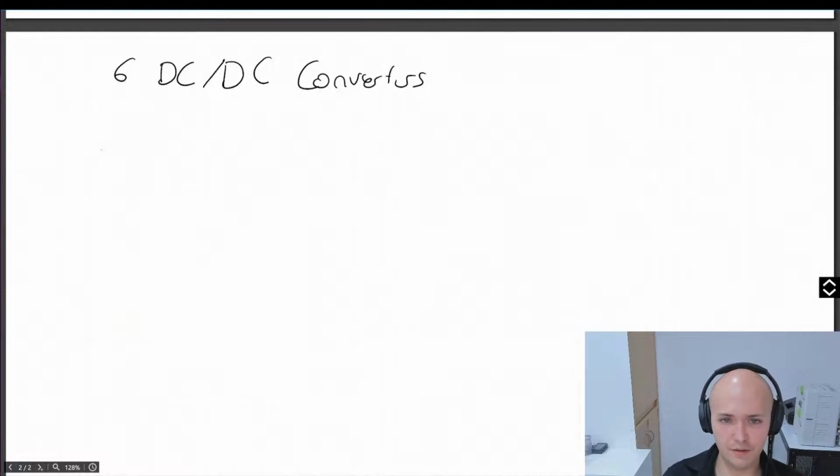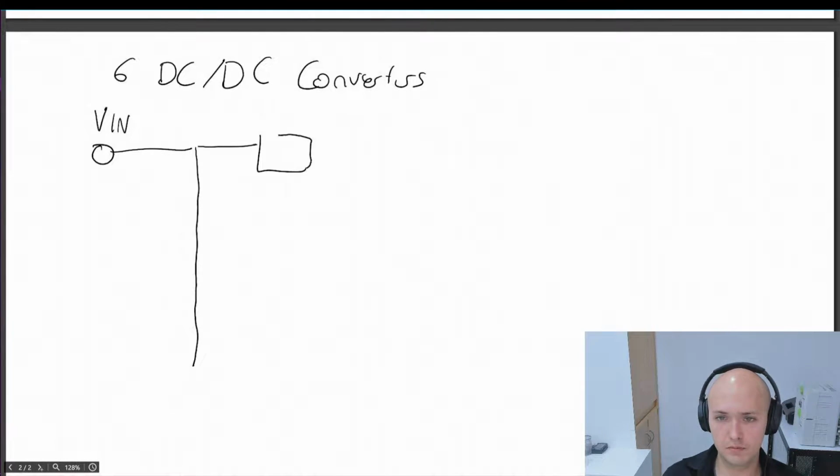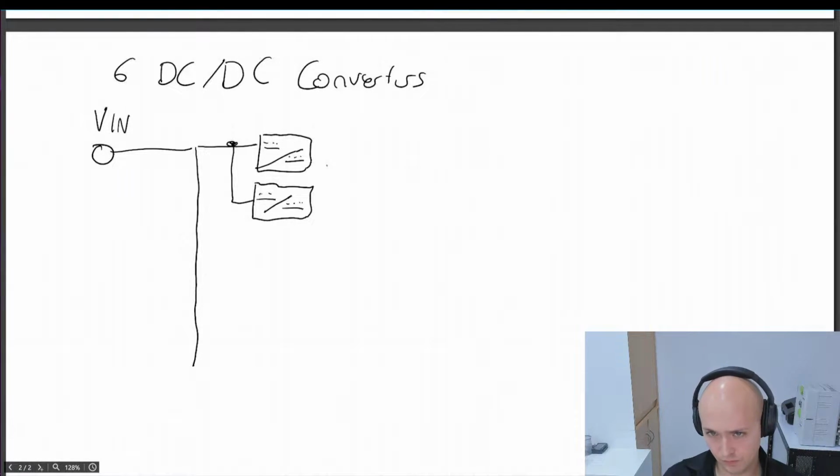So we still have our voltage in, 15 to 20 volts, and then we go down. And then have one channel using the same. And of course, still the switch.